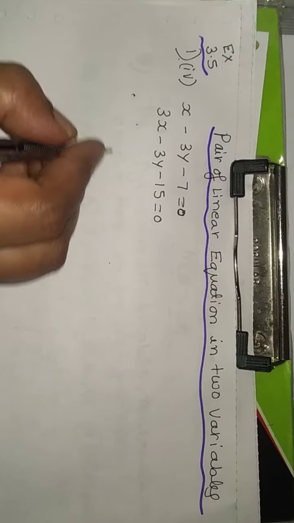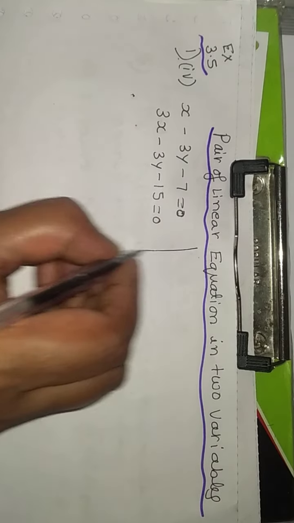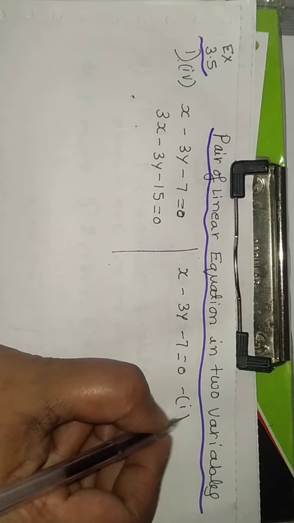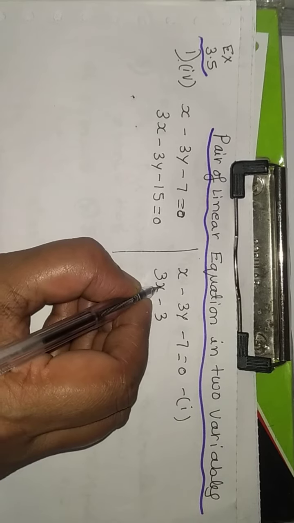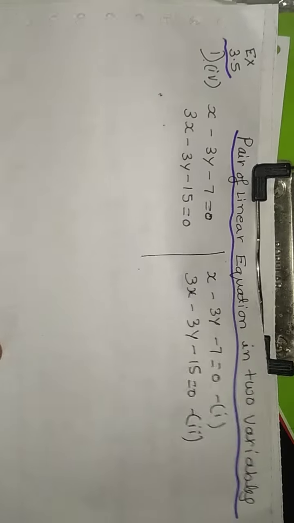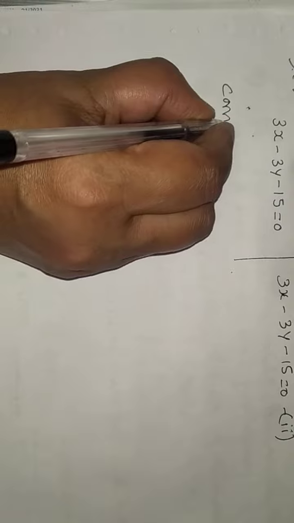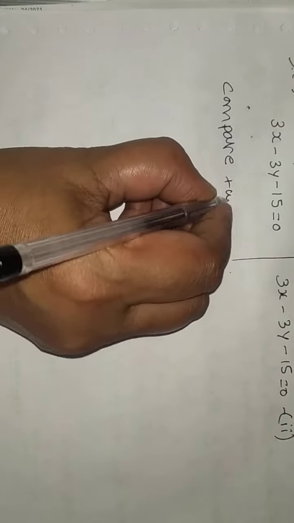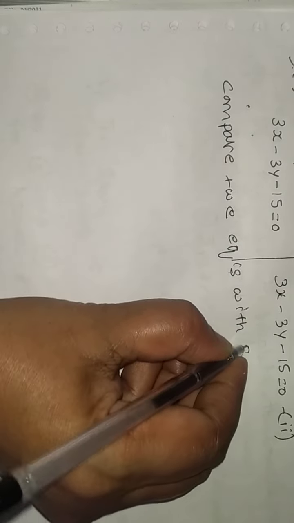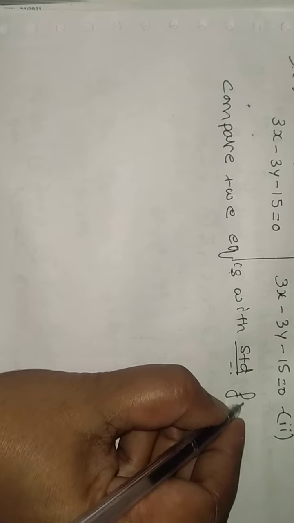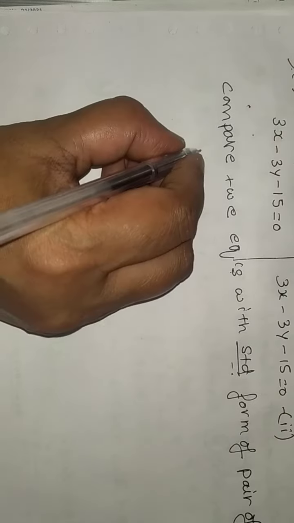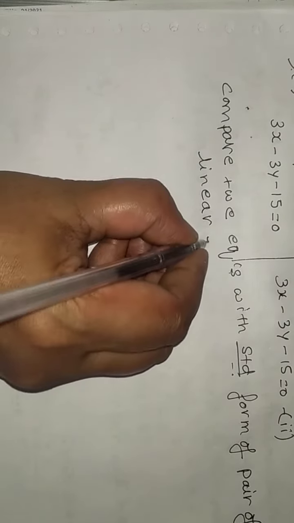So now next question is the same thing. We have to write this expression x minus 3y minus 7 is equal to 0, equation 1. Then 3x minus 3y minus 15 is equal to 0 is the second equation. So the next step is compare the two equations with standard form of pair of linear equations.